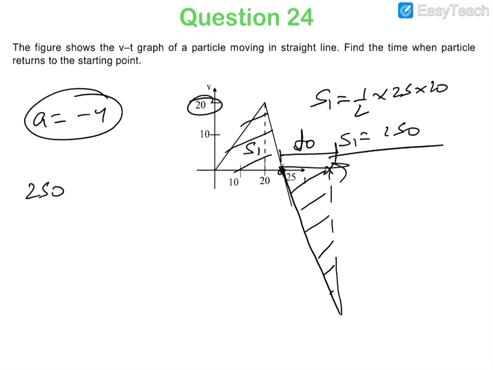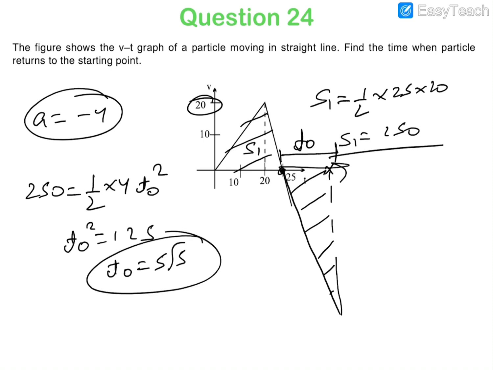So 250 is equal to half, acceleration is 4, because now it is moving in the backward direction, and acceleration is also in the backward direction, so I am taking it as positive. So 250 is equal to 1 by 2 into 4 into t naught square. So t naught square is equal to 125. So t naught is equal to 5 root 5, and this is the value of time.